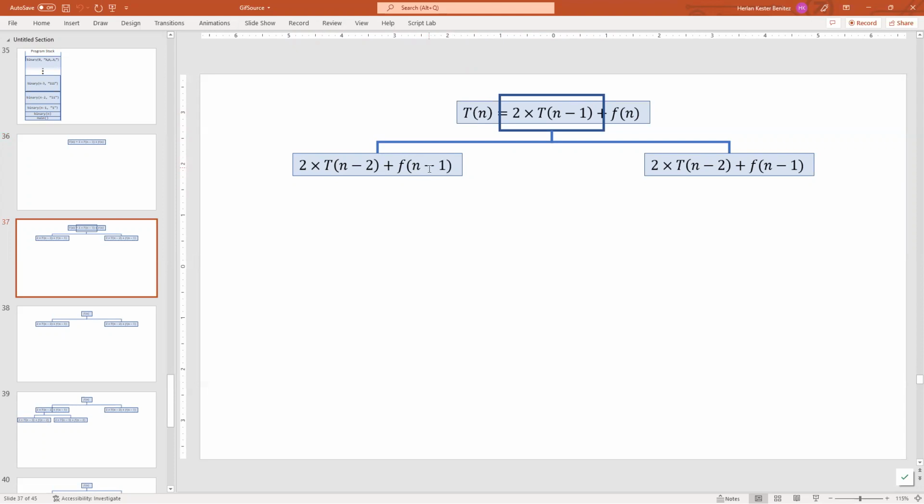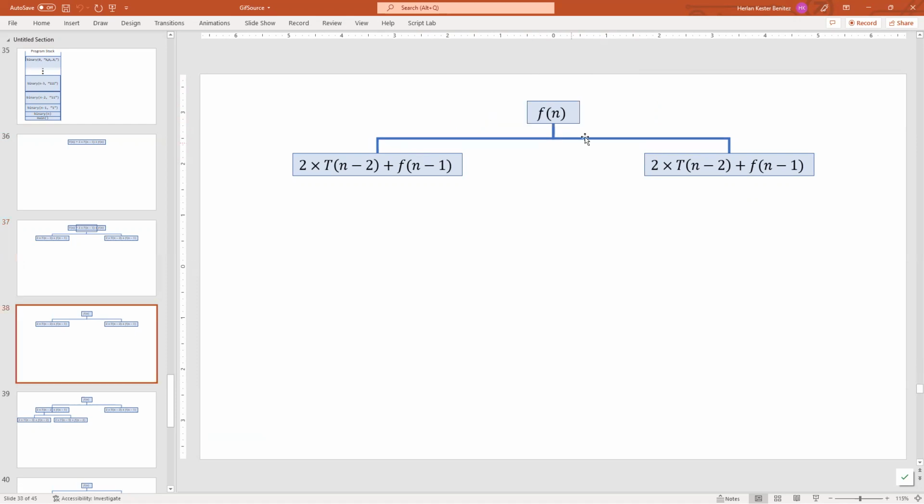So bakit f of n minus 1? Kasi dito T of n, f of n. So pag naging n minus 1 yung ating ina-expand, we get n minus 1 din sa f of n. So dalawang branch to kasi dalawang recursive call yung ating function. So since yung dalawang recursive call nilagay natin dito sa baba, we can remove it from this level or from this line. So matitira na lang doon is f of n.